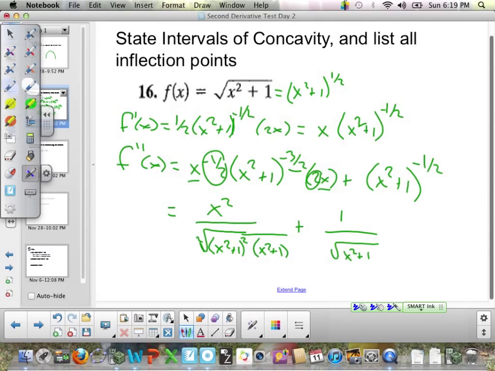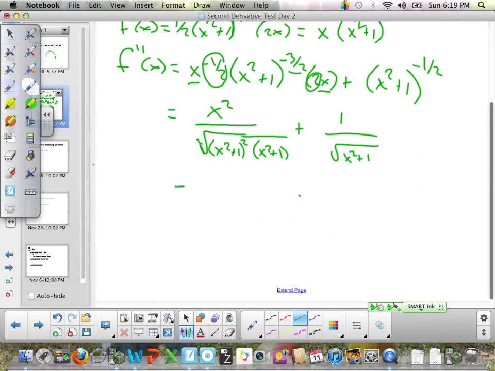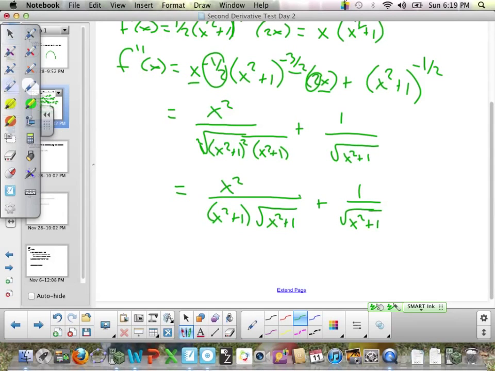So we'll do that. So we got x squared plus 1, which should be absolute value, but since you're squaring and adding 1 to it, it's guaranteed to be positive anyway. And then x squared over x squared plus 1 plus 1 over square root of x squared plus 1.